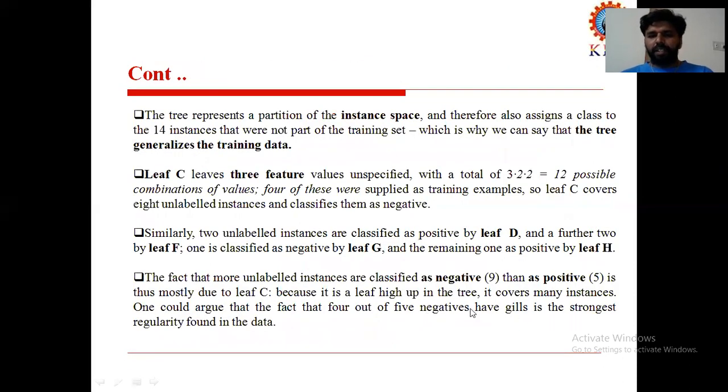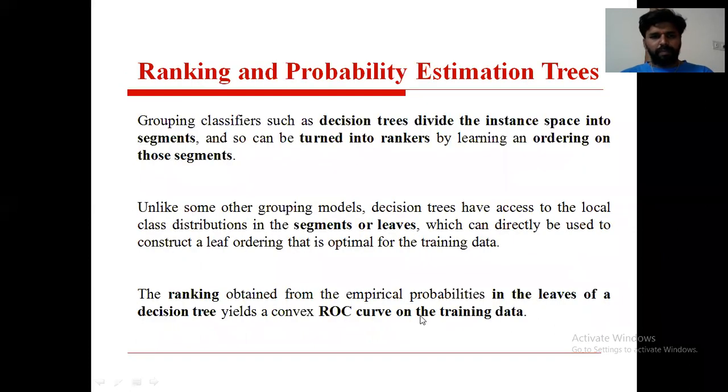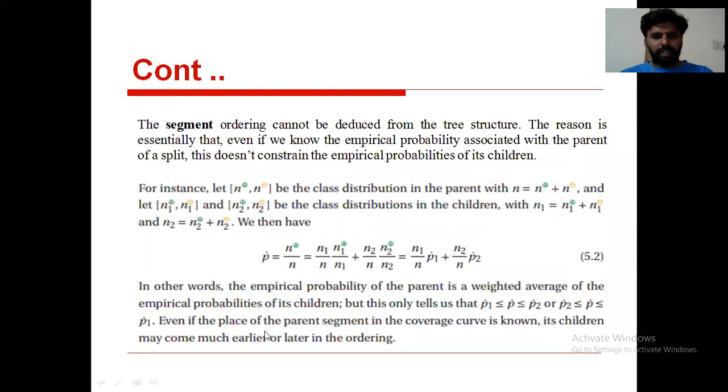This means a parent segment in the curve is known, and its children may come either early or late in the ordering. This condition tells the ordering, if P1 and P2 are the children for the empirical probability P.